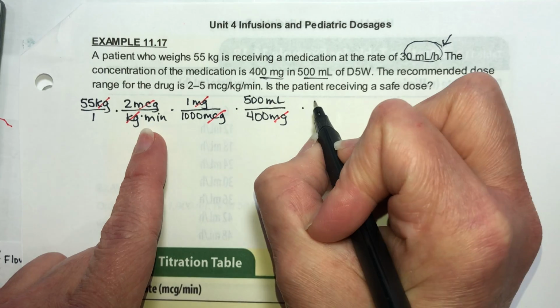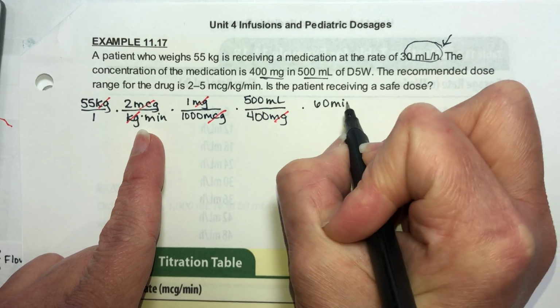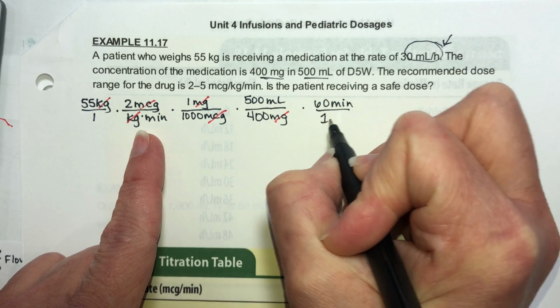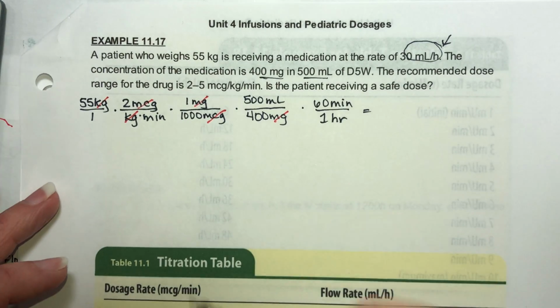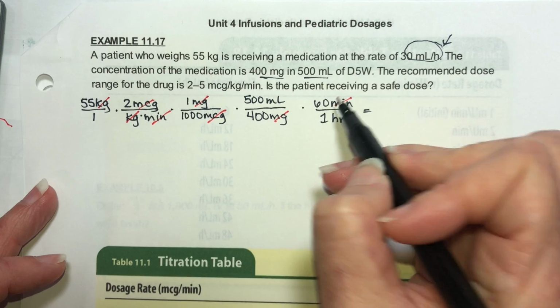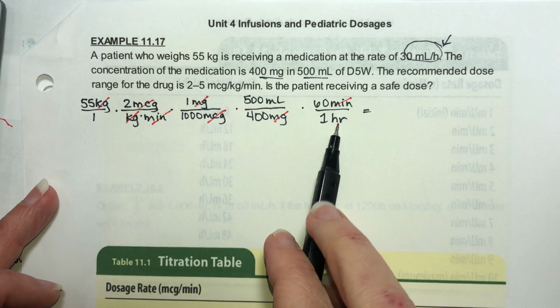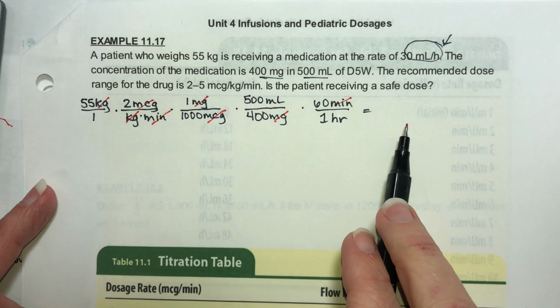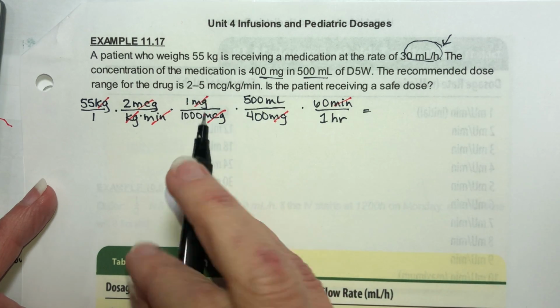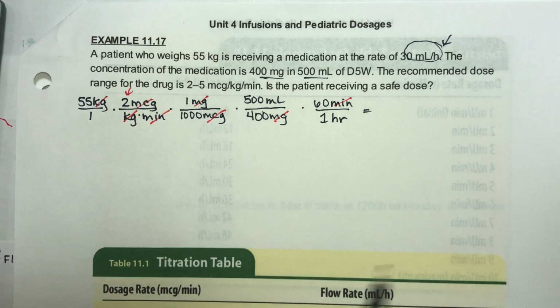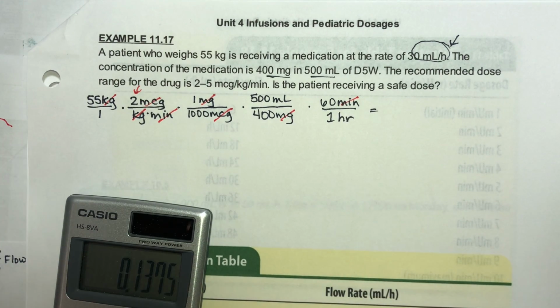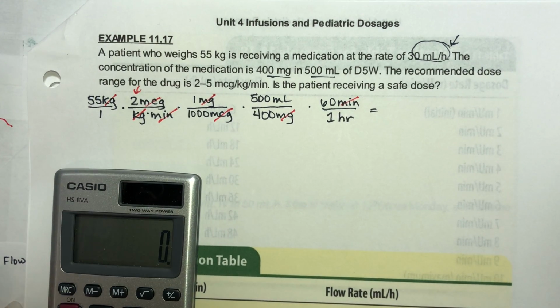So there are 60 minutes in each hour. Okay? So the minute is going to cancel with the minutes here, and I will have milliliters per hour. Now I'm going to do exactly the same calculations with a 5 right here to find the maximum dose. Okay? So I'm just going to multiply straight across.